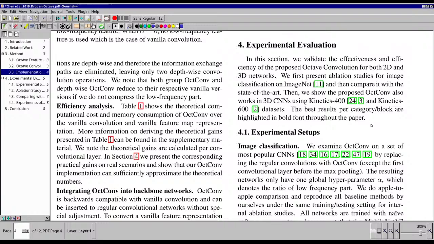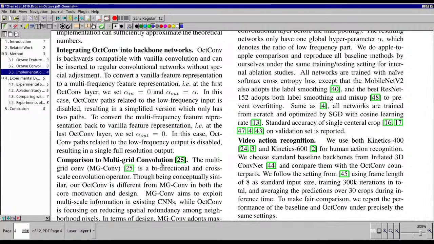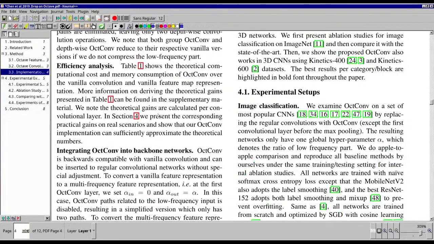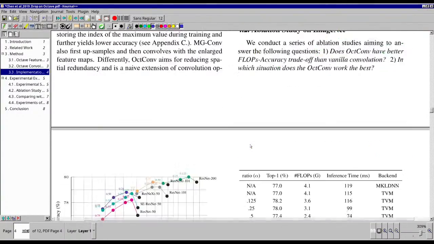Efficiency analysis. Table 1 shows theoretical computation cost and memory consumption. I guess there's not much more information left.